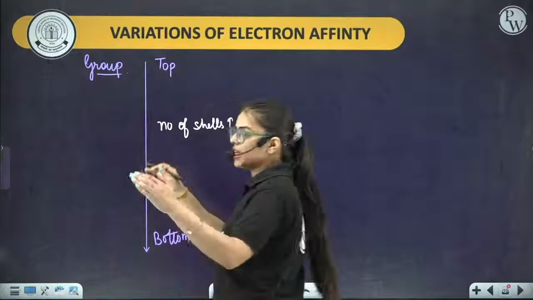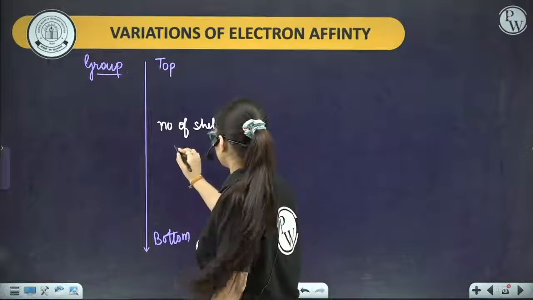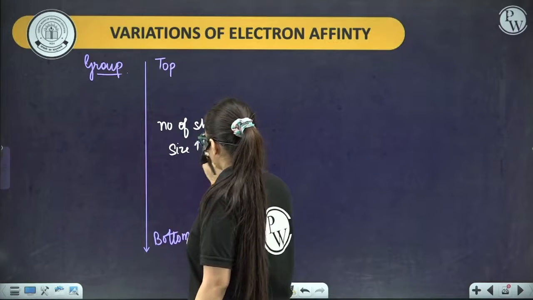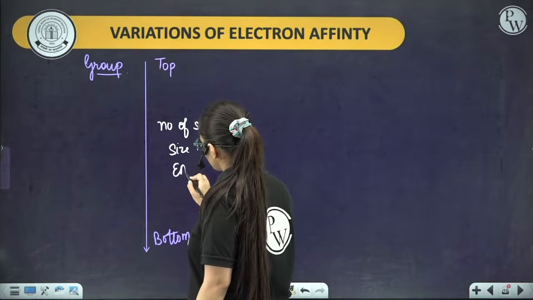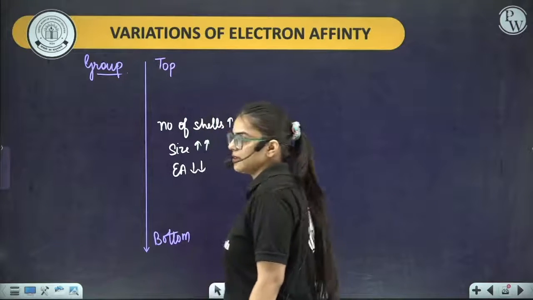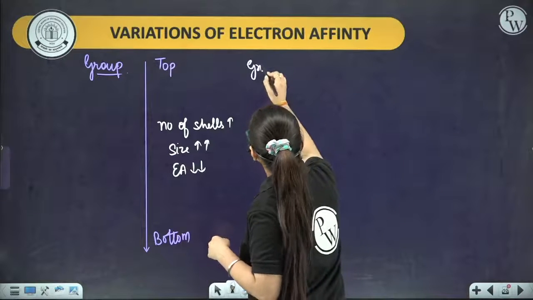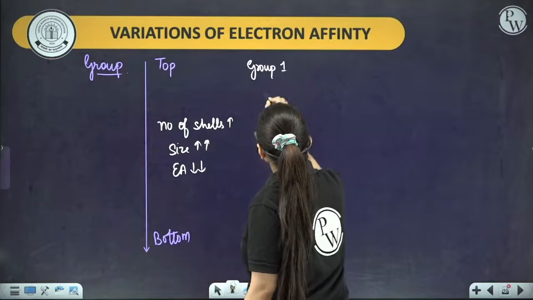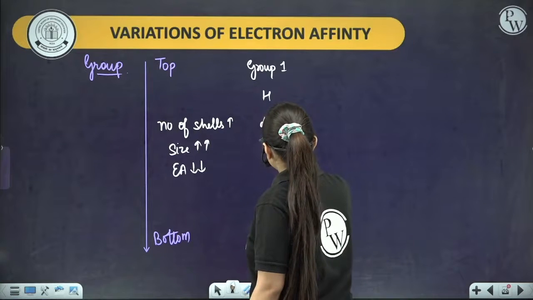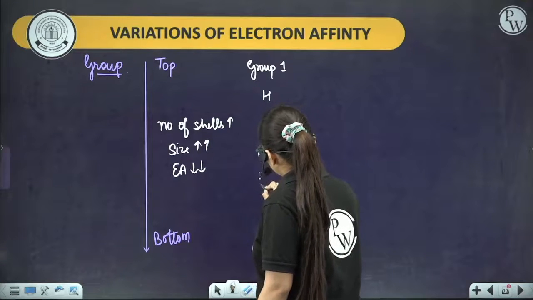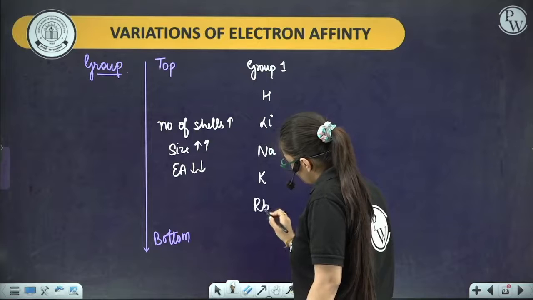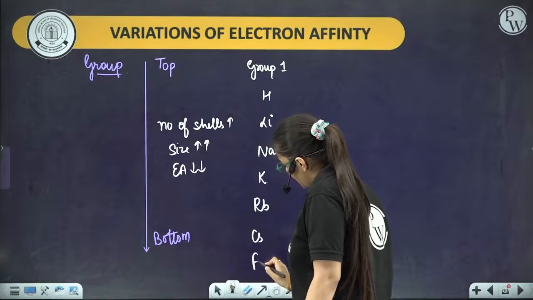If shells increase, size will increase. And size and electron affinity are inversely proportional, so electron affinity will decrease. But let us see this for example, if I'm talking about group number 1, it is hydrogen, lithium, sodium, potassium, rubidium, cesium, and francium.